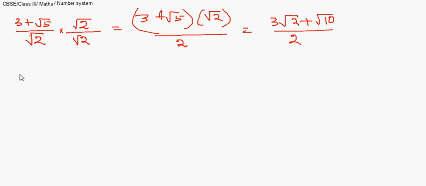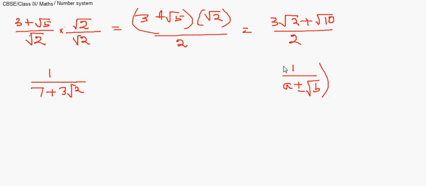I take up 1 by 7 plus 3 root 2. The numerator has only 1, and the denominator has got a root. We need to think how we can rationalize, that means how we can remove it. There is a rule you can remember: if we have to rationalize 1 by a plus or minus root b, we multiply the whole fraction by the opposite.